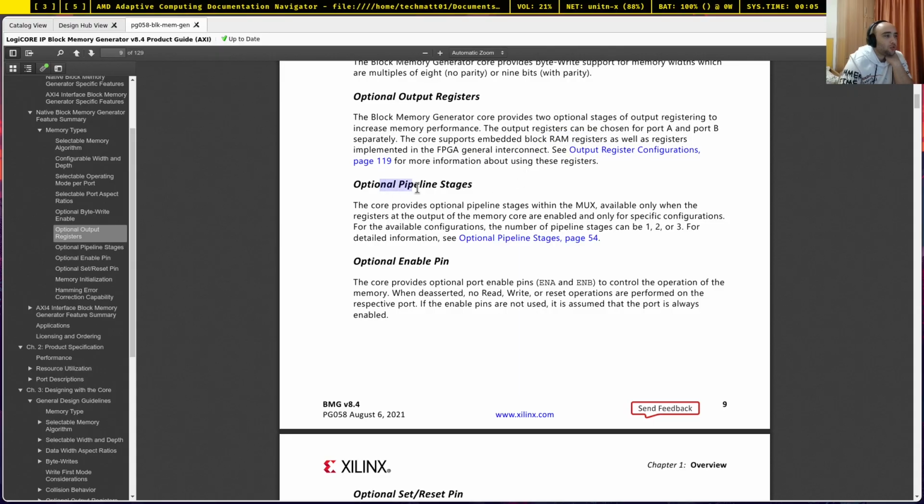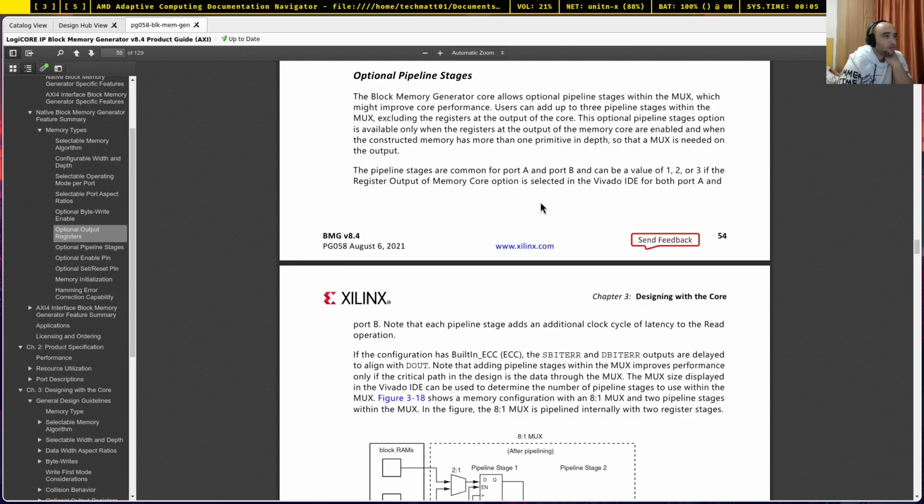And then we have optional pipeline stages. The core provides optional pipeline stages within the MUX, available only when the registers at the output of the memory core are enabled. The block memory generator core allows optional pipeline stages within the MUX, which might improve core performance.